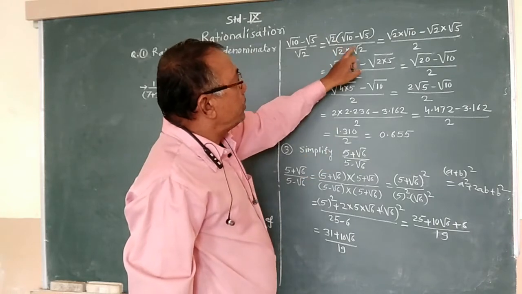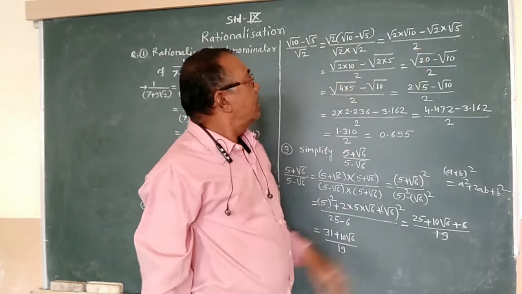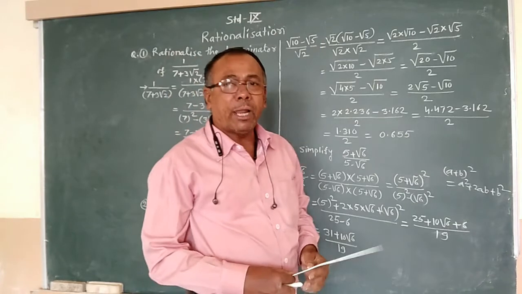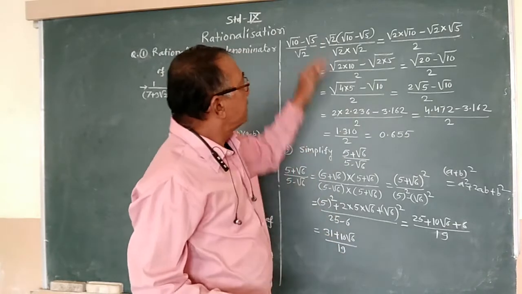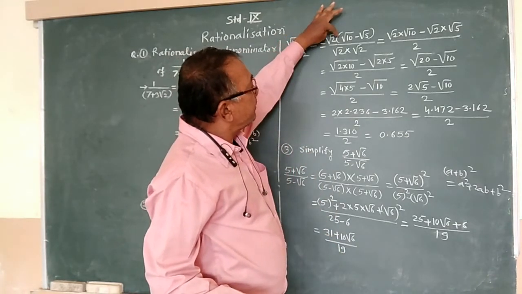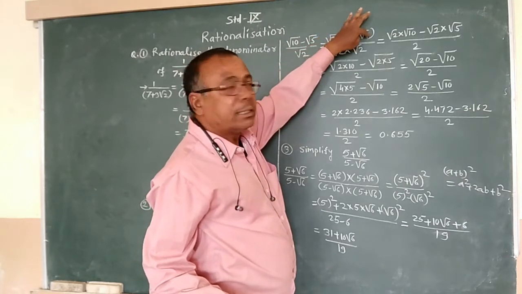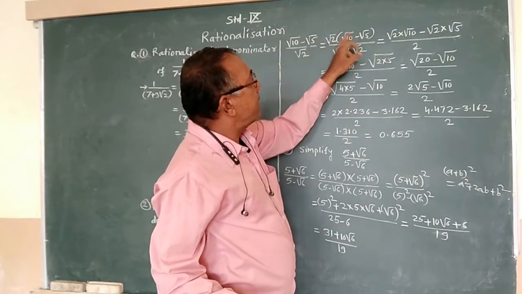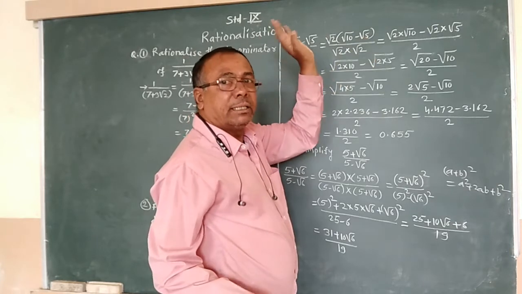Now root 2 into root 2 will be 2. Here we have to apply the law of distributivity, that is a into bracket b minus c will be ab minus ac.